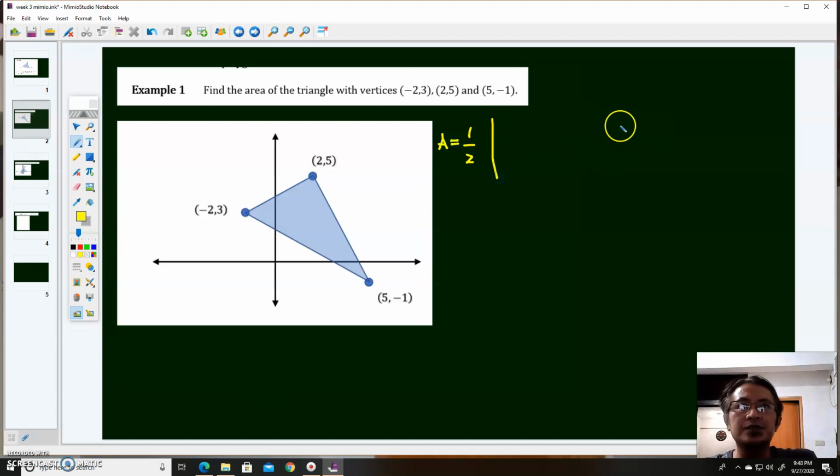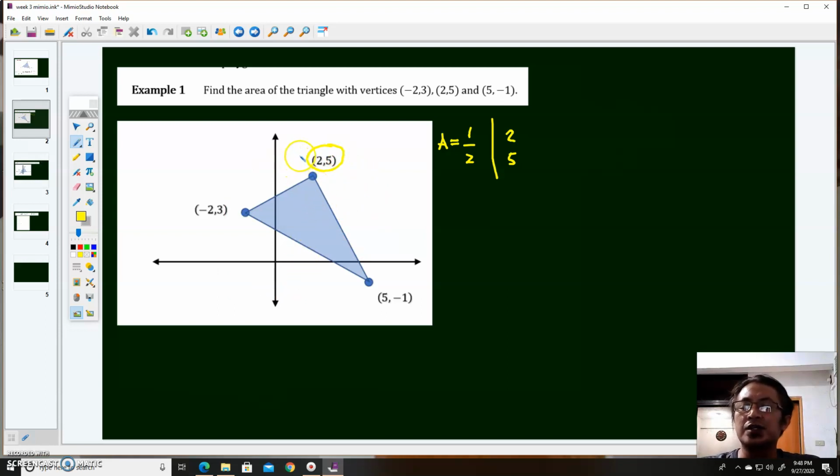This matrix, and of course we will start with a coordinate, so you can choose any of the three. Say let's start with (2, 5). So let's put 2, 5 in the first column. Then it's up to you really to choose a direction, whether clockwise or counterclockwise, doesn't matter.